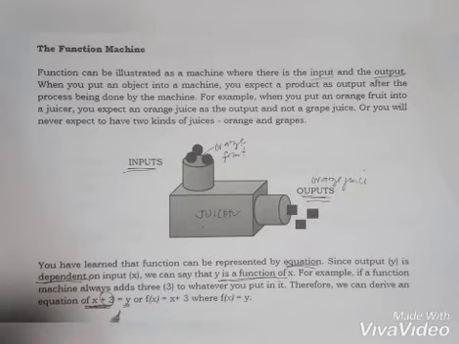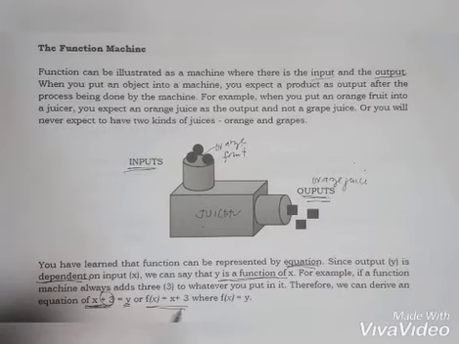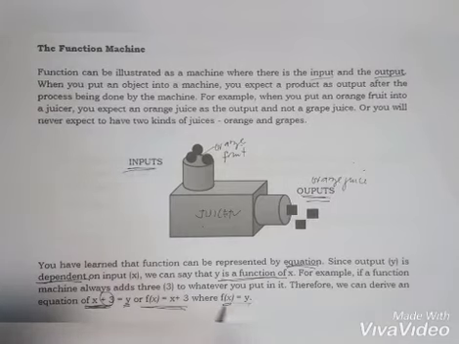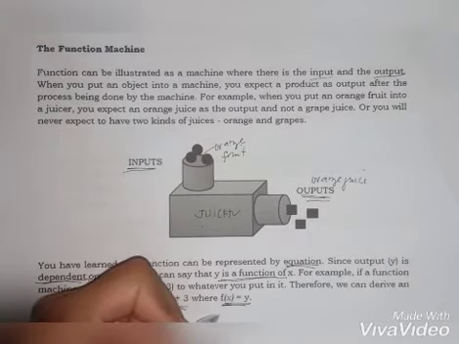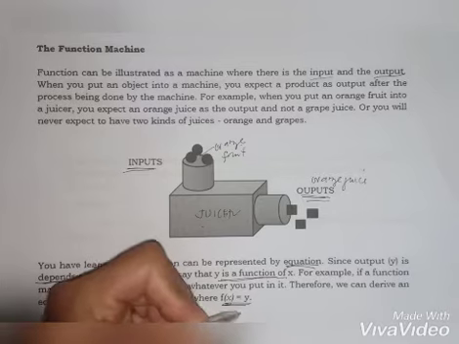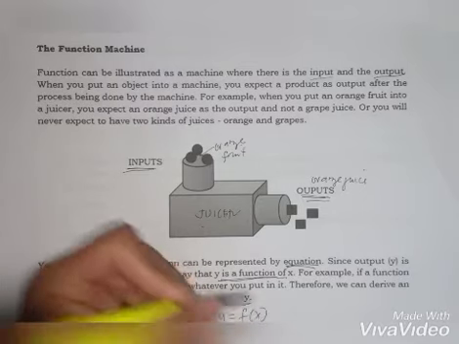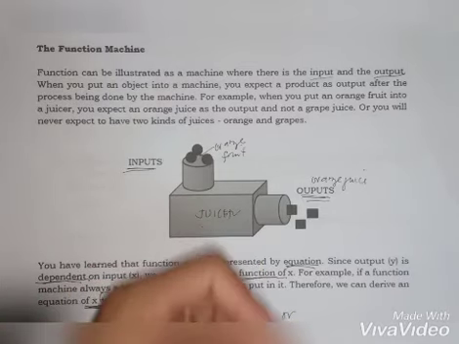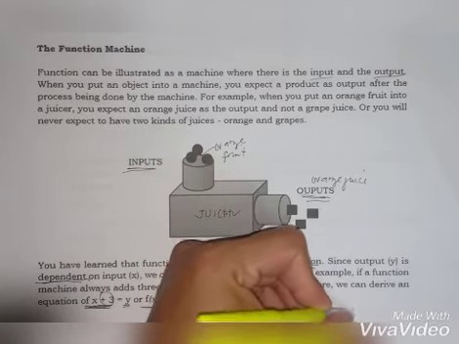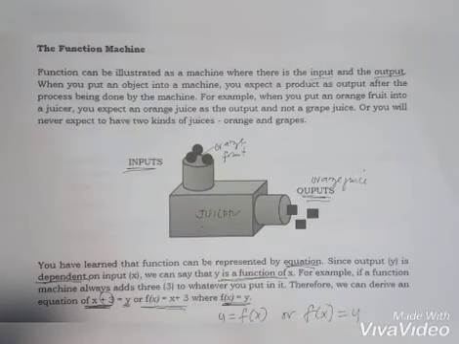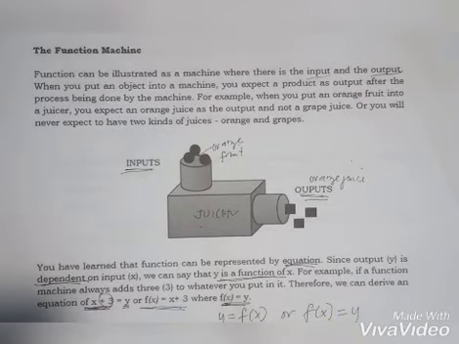Or this is illustrated as f of x is equal to x plus 3 since f of x is equal to y. Take note, y is equal to f of x or f of x is equal to y. So this is read as function of x.